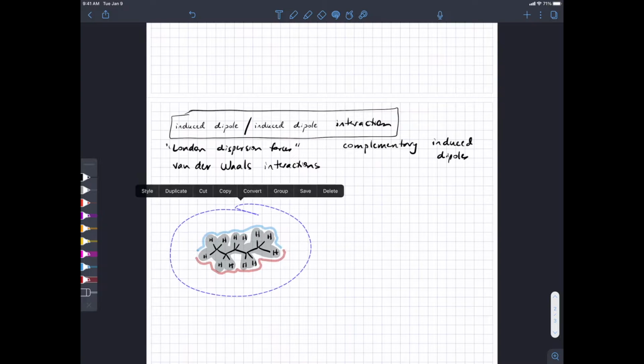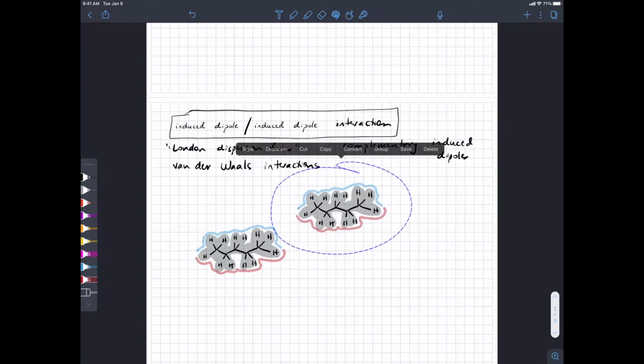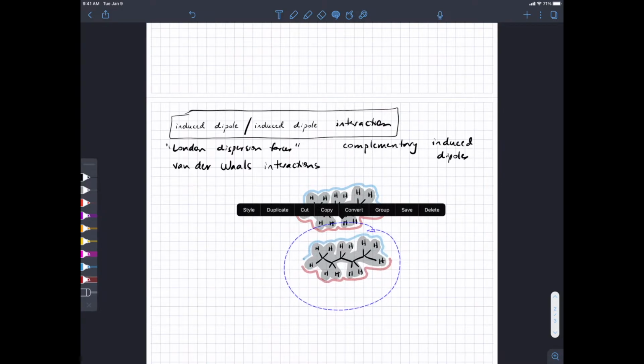And the idea is that if I bring two molecules together, the electrons in one molecule and the electrons in the other molecule will actually start moving in a correlated way. The basis for that is actually embedded in quantum mechanics.